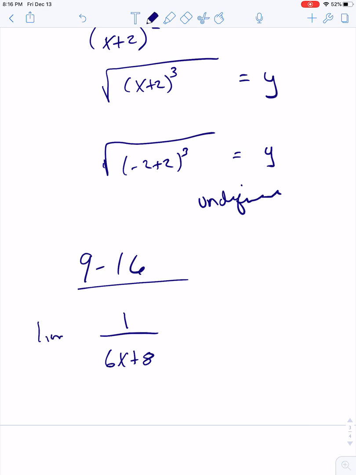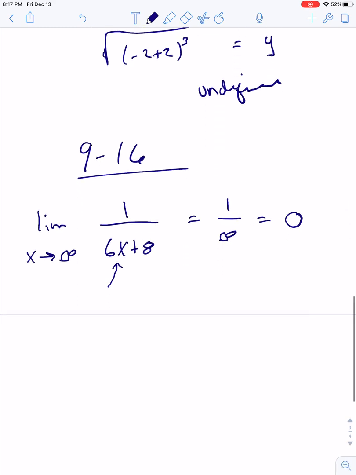We're looking at the limit as x approaches infinity. As x gets really, really big, this number in the denominator is huge. It's basically approaching infinity. So 1 divided by infinity won't equal, but it is going to approach 0, because you've got 1 divided by a really big number.